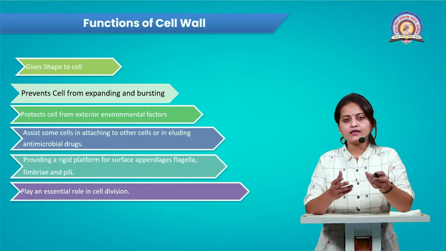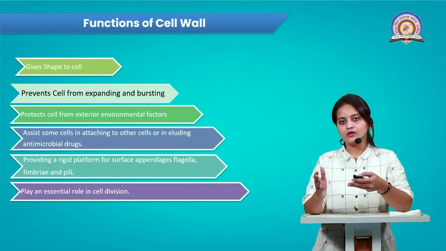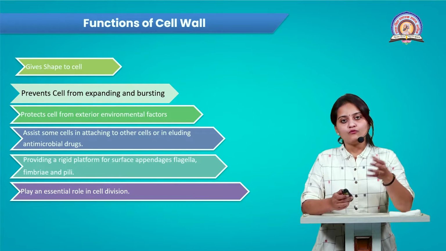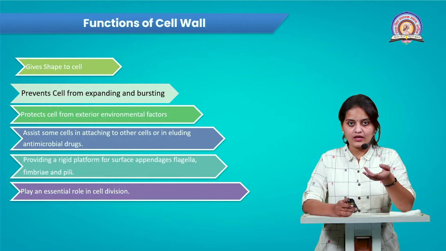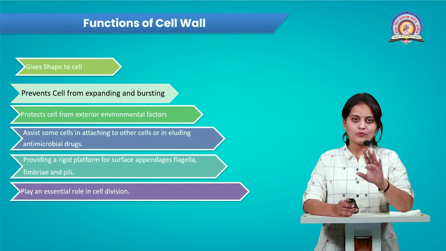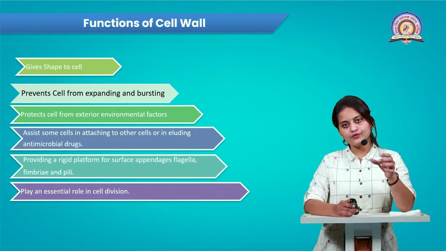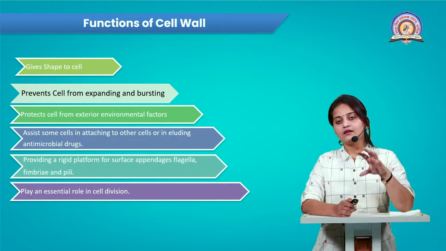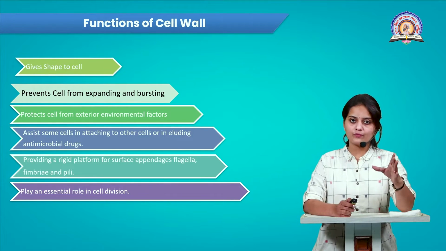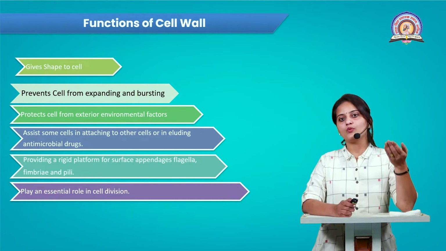We can understand the relationship between the cell wall and the shape of the bacteria by taking a very simple example. Water doesn't have any shape, and cytoplasm possesses almost 80 to 90% water. So we can categorize cytoplasm as water. If water is put in a glass, it will take the shape of that glass. In the same way, cytoplasm takes its shape with the help of the cell wall.